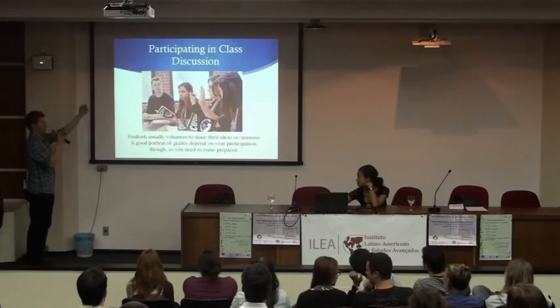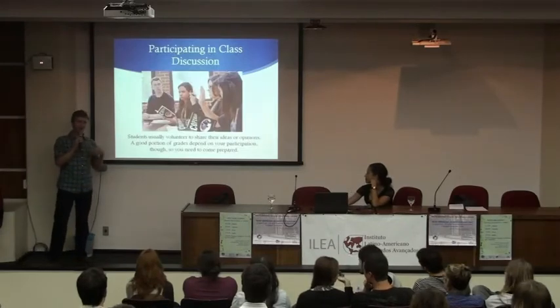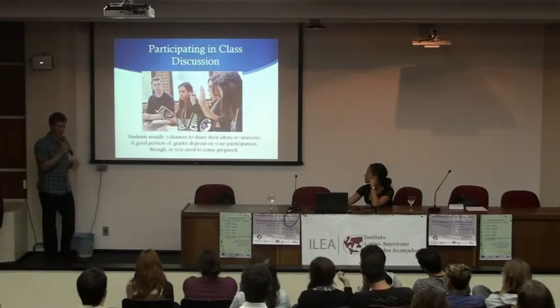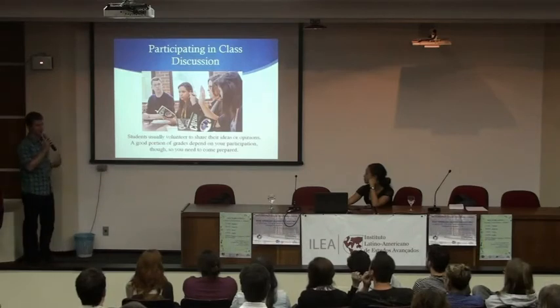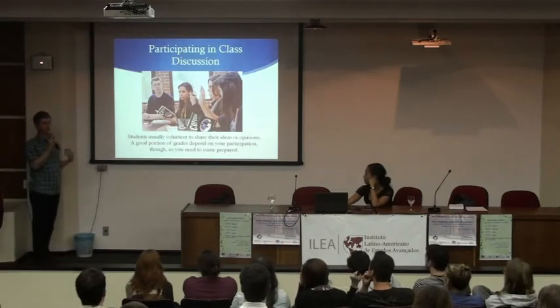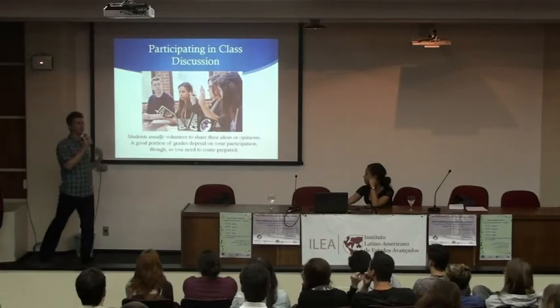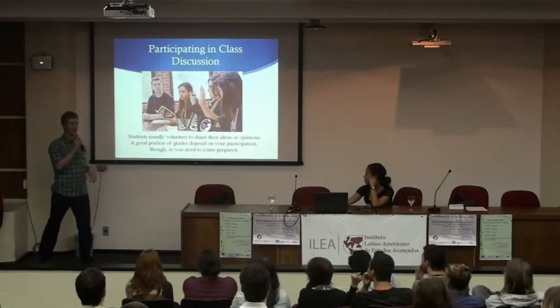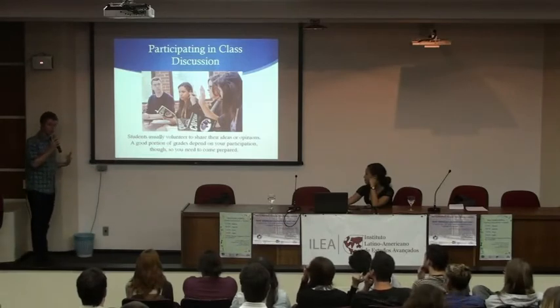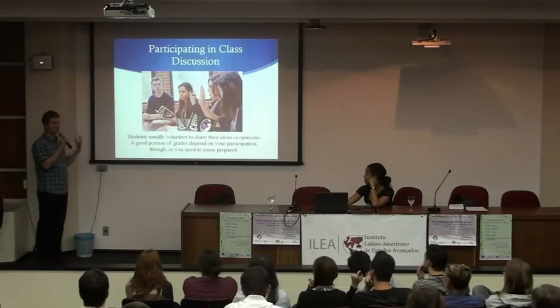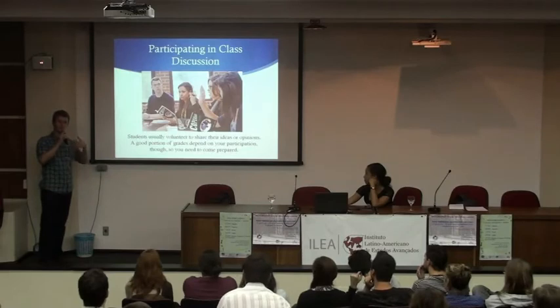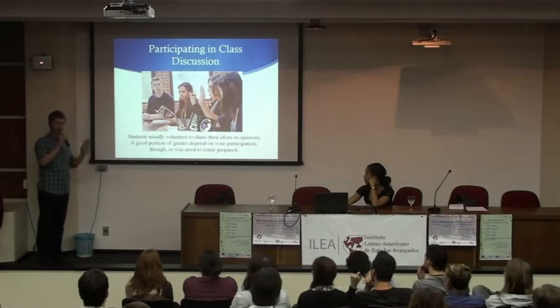All right, so since these classes are so much based on discussion and debate, it's really important that all of the students who are in the class participate. This can be a little bit hard for people who are a little bit more shy or a little bit more reserved because part of your grade depends on you participating in the class. Sometimes people who have a little bit more trouble with that participation will talk to their professor and find a solution that works for them.